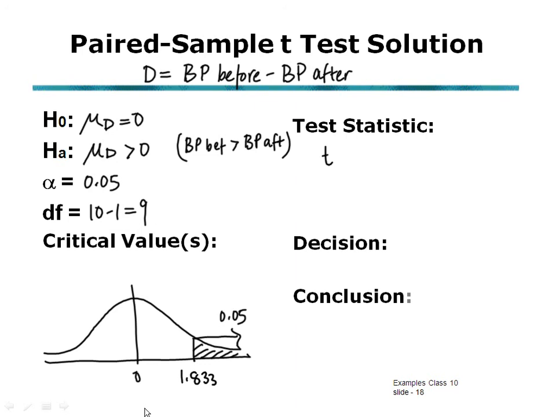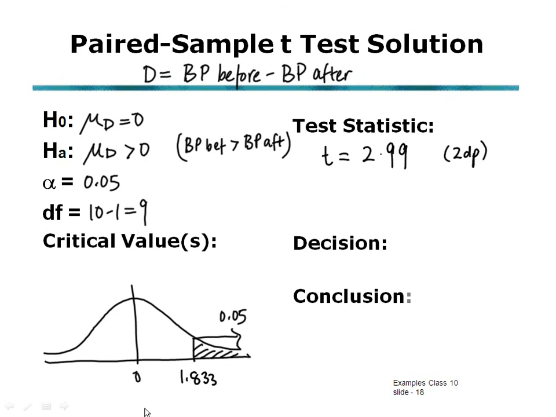Now our test statistic, which we've got in two ways, from the Excel output and from our calculations, is 2.99 to 2 decimal places. We found it in Excel, and we also found it step by step by going through the calculations.